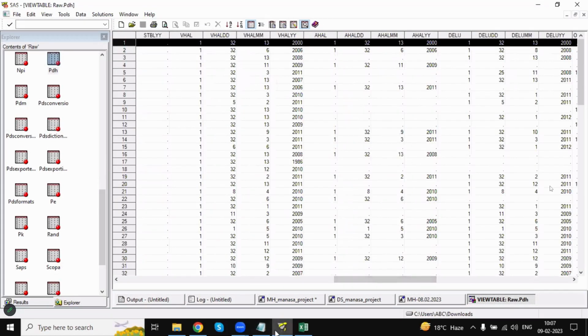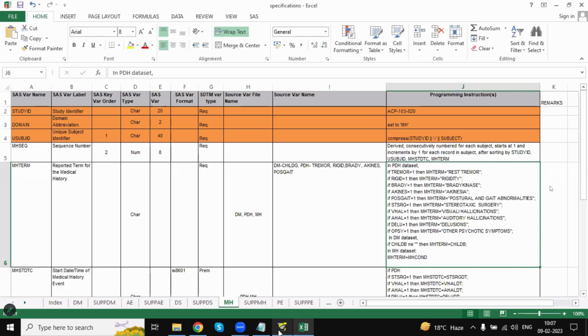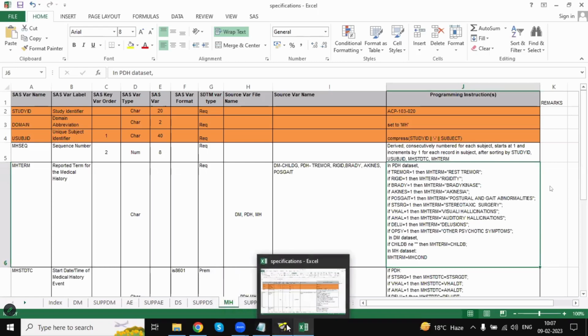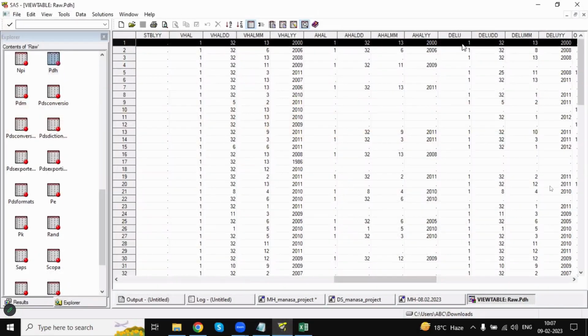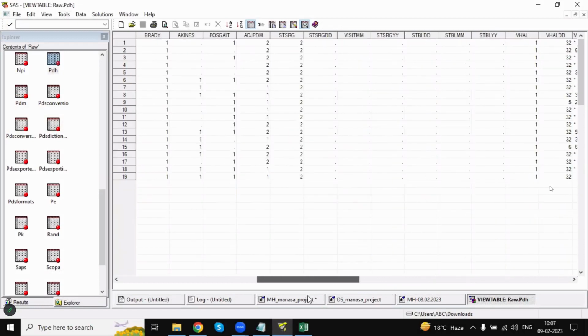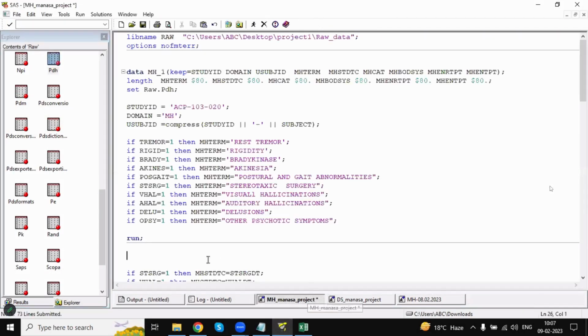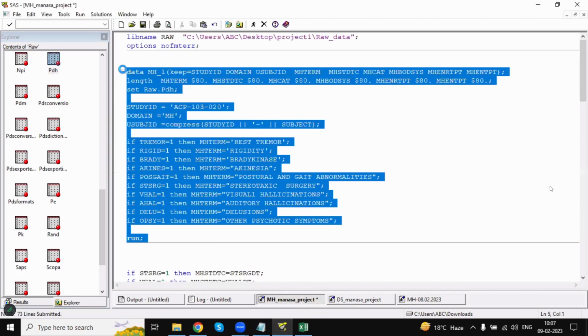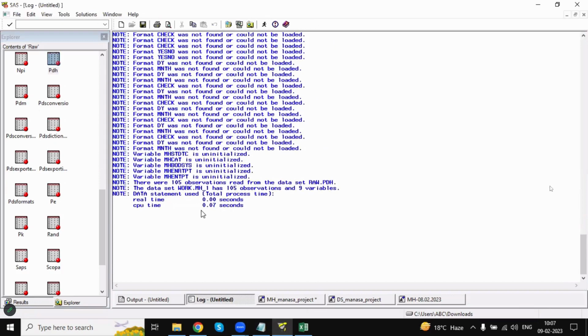Even though here you have opsy, deletions, you have multiple terms. Maybe 1 or 3 to 4 are there, correct? When I run your code, the input data set has 105 observations. In the output also it's showing only 105 observations.